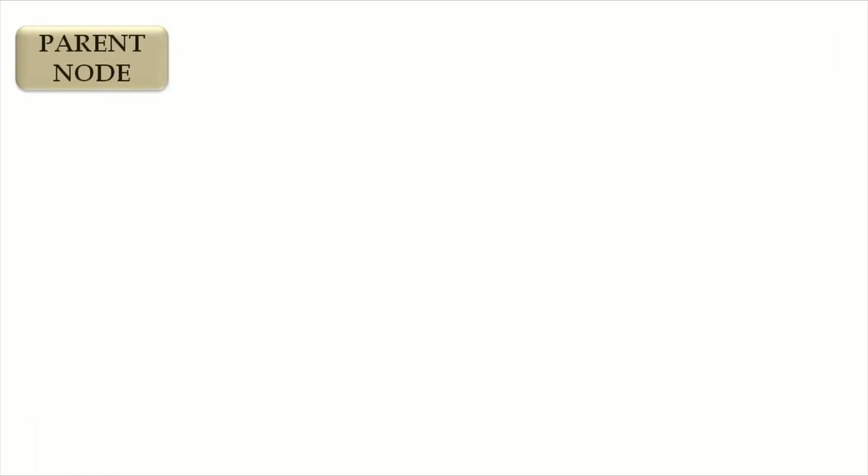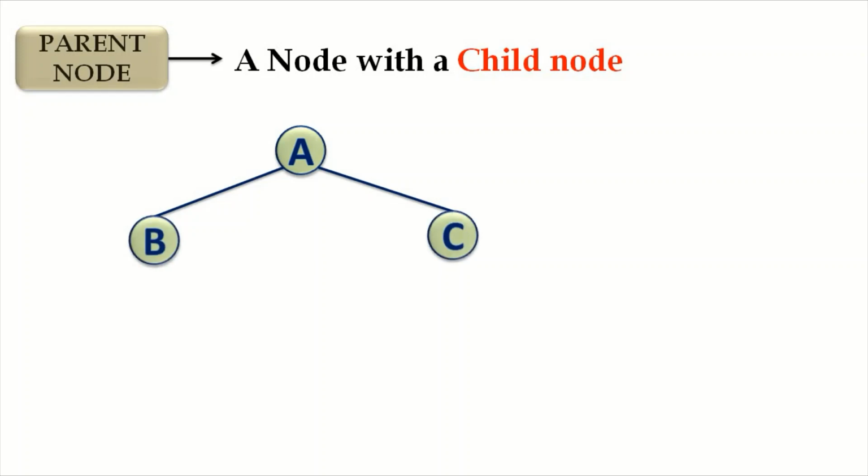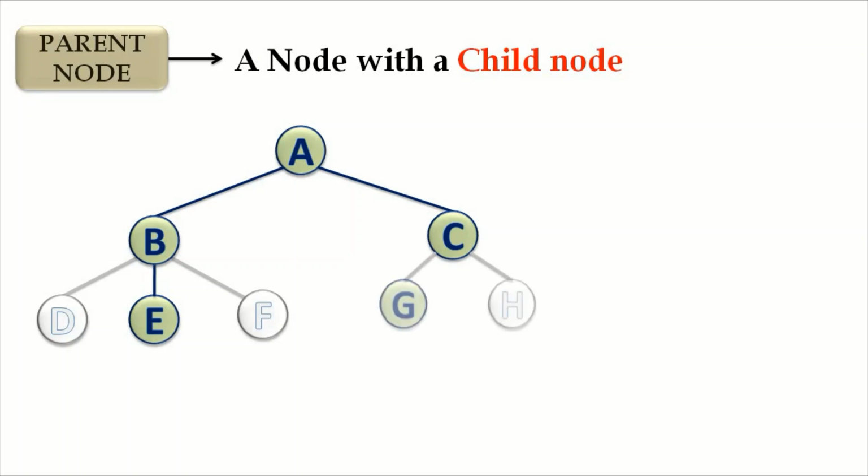Next, parent node. A node with a child node is called a parent node. So let us identify parent nodes in a tree. A is a node with two children B and C. So A is a parent node. B is a node with three children D, E, F. So B is a parent node. C is a node with two child nodes G and H. So C is a parent node.